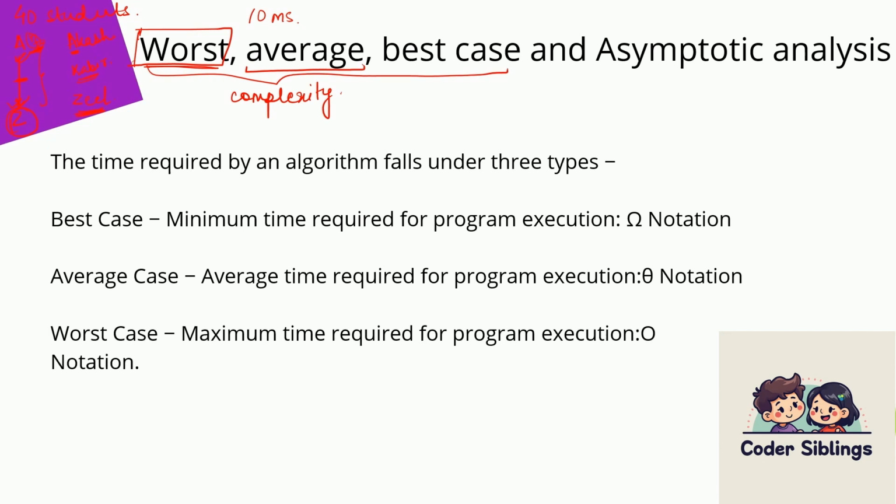So if you tell the user of your program that in the worst case your program shall perform in 10 milliseconds, he will be assured that, best or worst, the maximum time taken by my program will be 10 milliseconds. So that is the reason why when we actually calculate complexities, we consider only the worst case complexity majorly, and the best and average cases are just for mere knowledge.